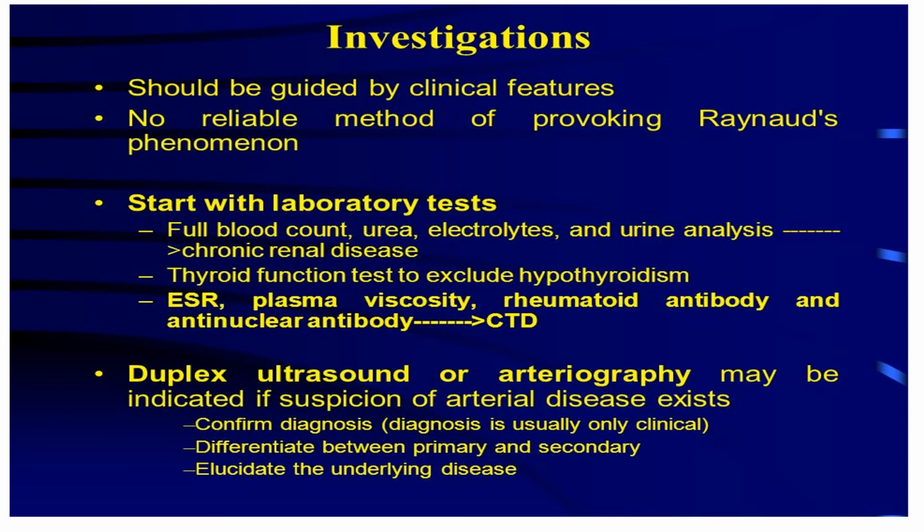Duplex ultrasound or arteriography might be indicated if suspicion of arterial disease exists. This differentiates primary and secondary Raynaud's, and also elucidates the underlying disease.